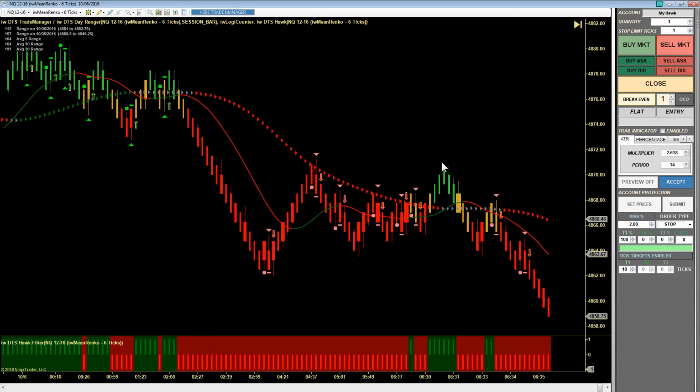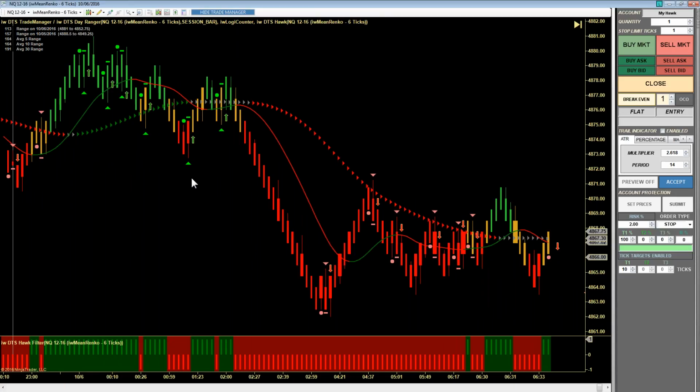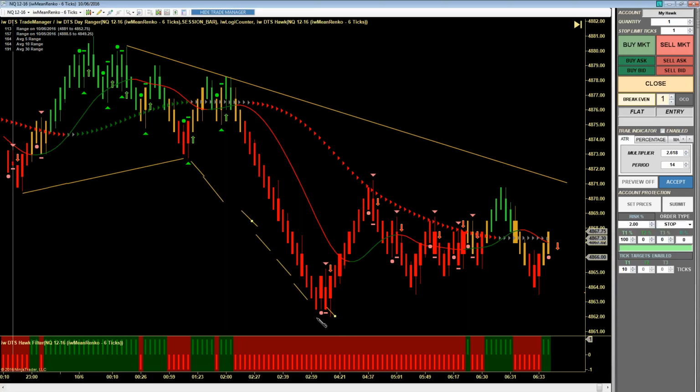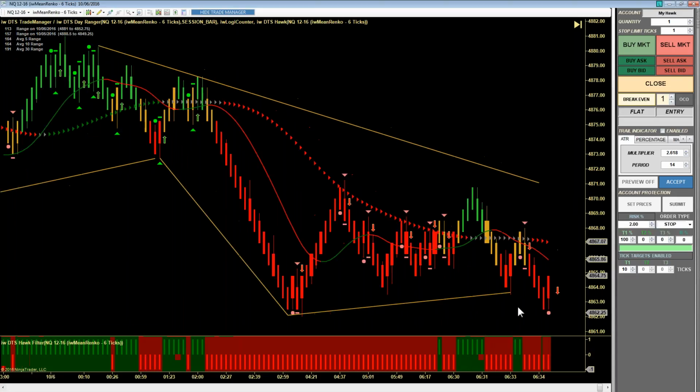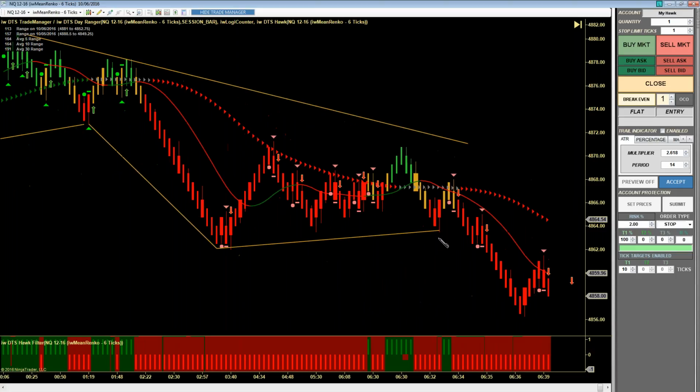Sometimes if you want to get a feel for the trend, instead of drawing a trend line up here, which is fine, you can also draw a trend line connecting the swing lows. And it kind of gives you a better visual of what the market is doing.